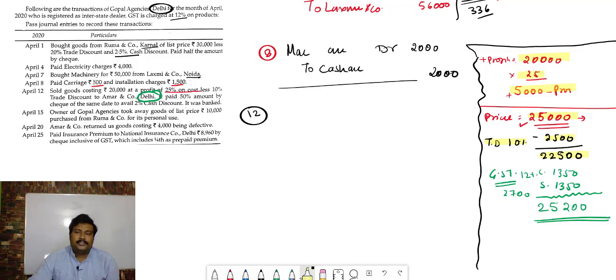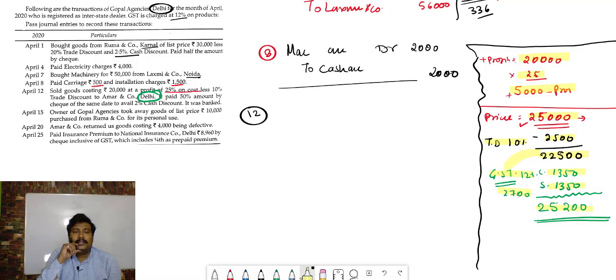Now we have to charge GST at the rate of 12%. So GST at 12% on 22,500 will be 2,700 in total, but it is an intra-state transaction, so it will be divided equally into CGST and SGST, 1,350 each. And after GST, the amount will be 25,200. It is the final payment.